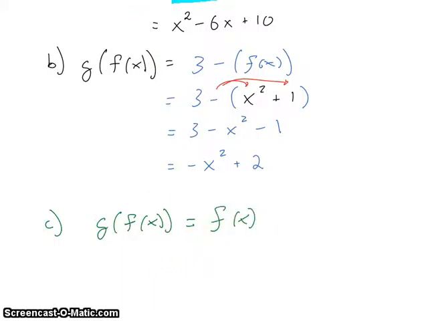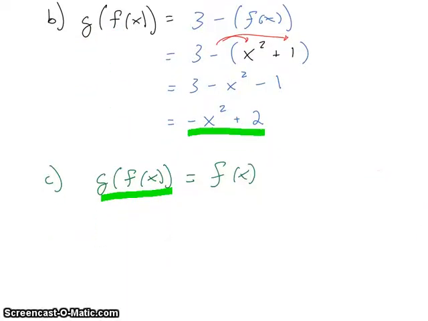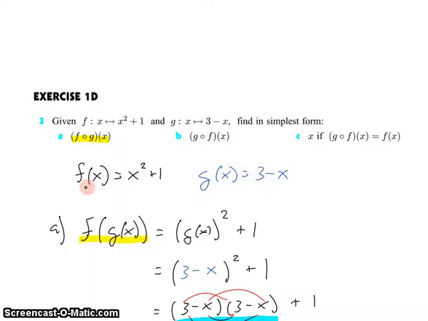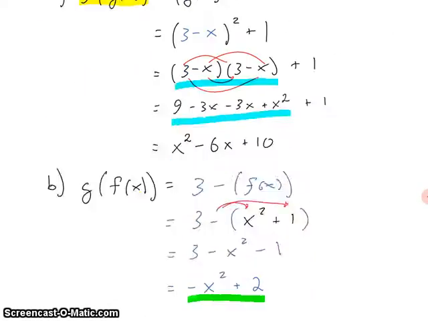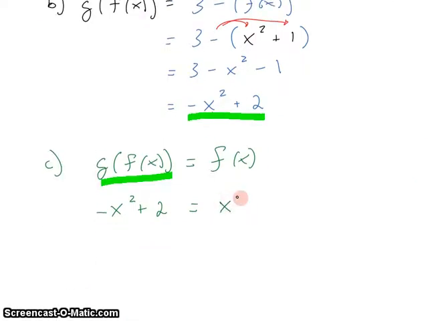I know what g of f of x is. It's negative x squared plus 2. And I know what f of x is. That was given in the very beginning of the question. F of x is x squared plus 1.